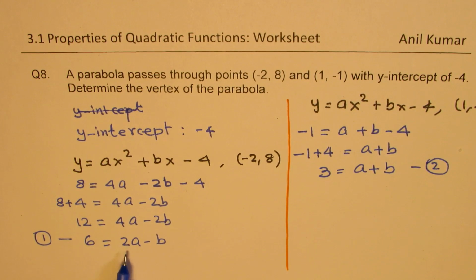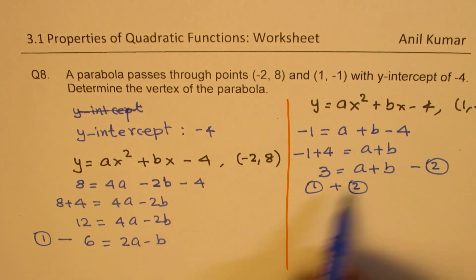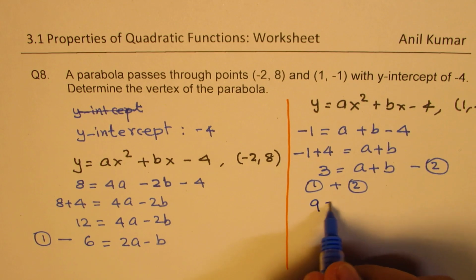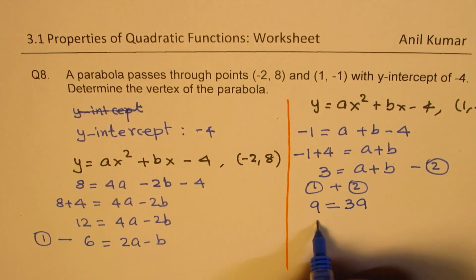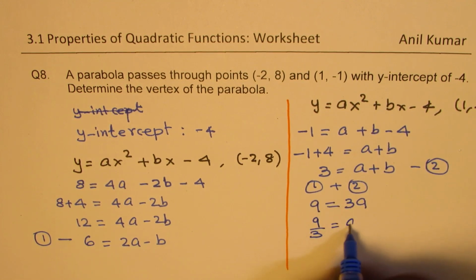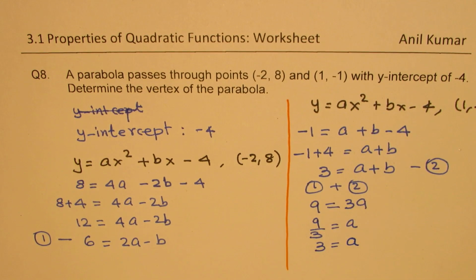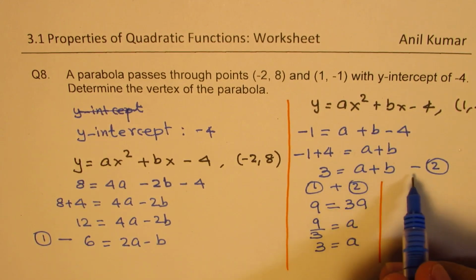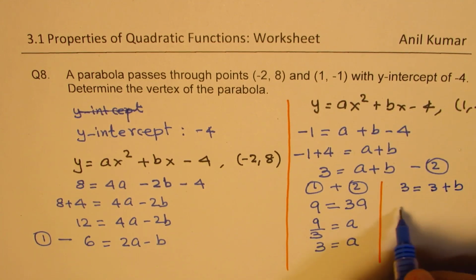Now from equation number 1 and 2, if I add these two equations, b and minus b cancel, and we get 3 plus 6 as 9 equals 2a plus a as 3a. So we get 9 divided by 3 as the value of a, which means a is 3. Correct? Substituting a equals 3, we get 3 equals 3 plus b, so b is 0, right?